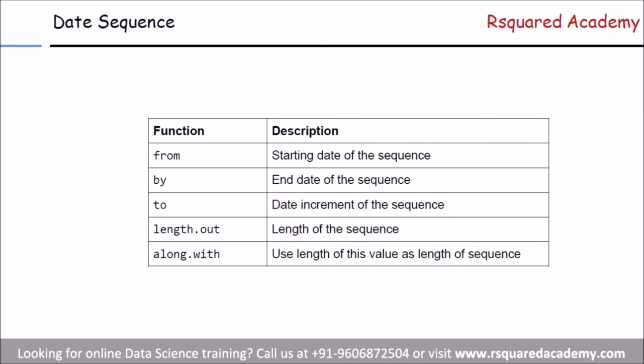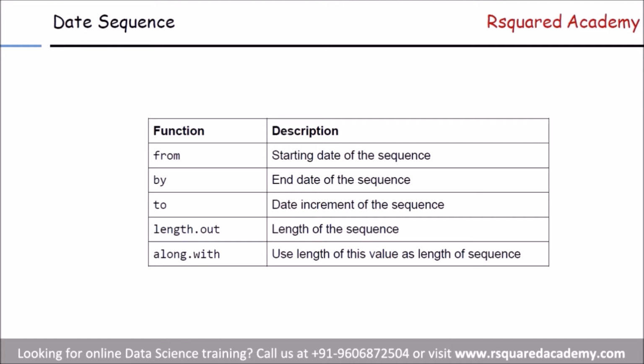Now using the integer, we can specify multiples of the units mentioned. So instead of just saying the interval of the sequence is 1 day, you can make it 3 days, 5 weeks, 7 months. The units here are day, week, month, quarter and year.